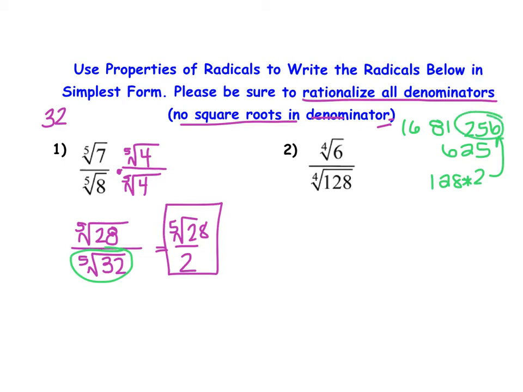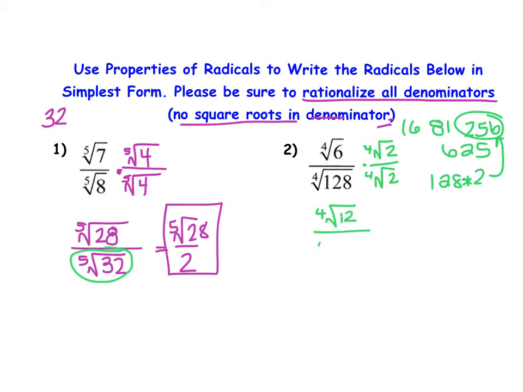So I can strategically rewrite this so that it has a denominator of the fourth root of 256. And I can do that by multiplying by the fourth root of 2 in both my numerator and my denominator. So here this becomes the fourth root of 6 times 2 is 12.